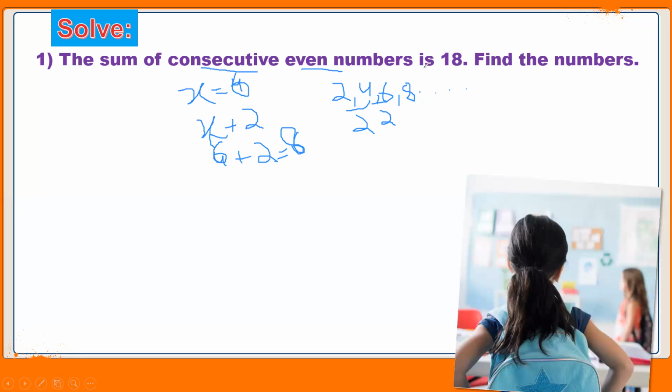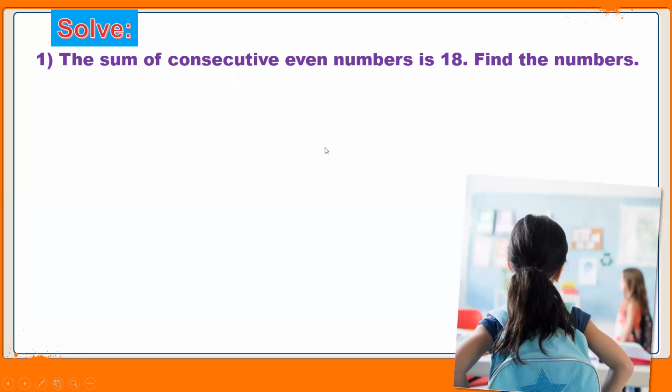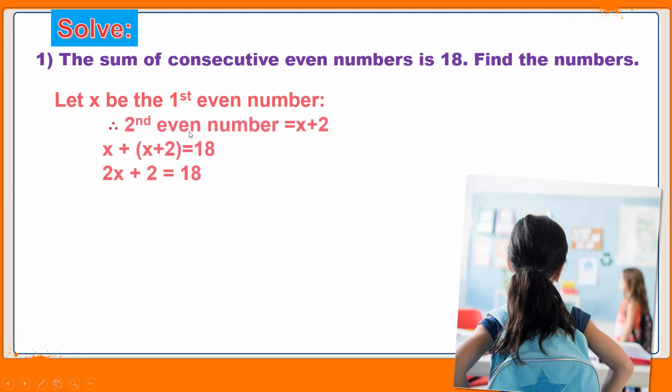Got it? So how can we solve the question? First, we suppose x is the first even number. Therefore, the second even number will be equal to x plus 2. Now, the question says the sum of two consecutive even numbers is 18.